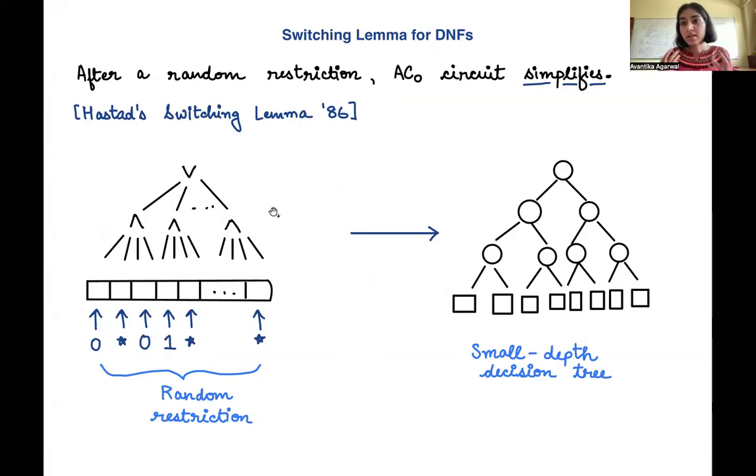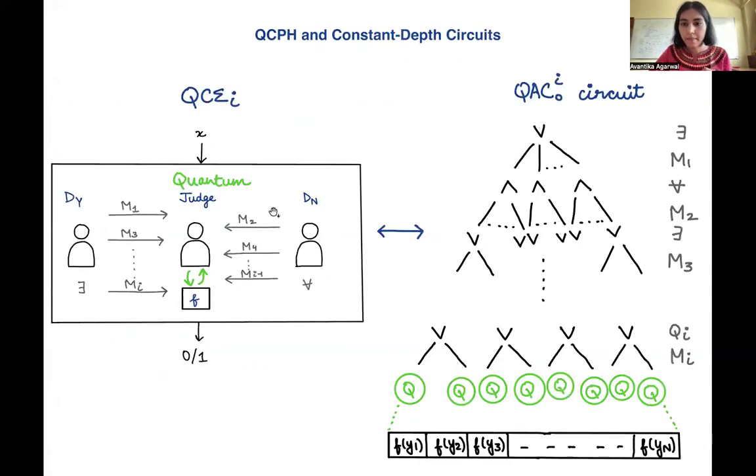And we know that small depth decision trees are a very weak model of computation, a simple model where we know how to show lower bounds. That's what it means for this depth 2 circuit to simplify. So we applied a random restriction, and with very high probability over its choice, the depth 2 circuit simplified to a small depth decision tree.